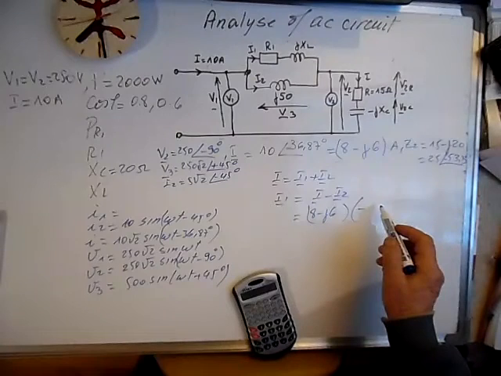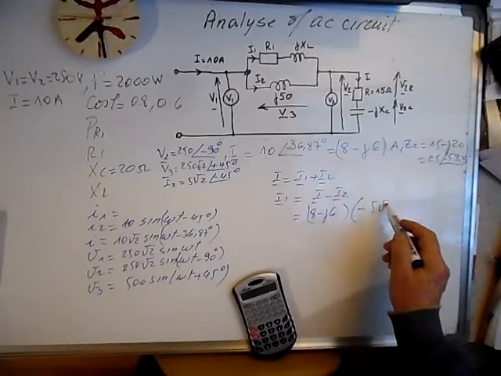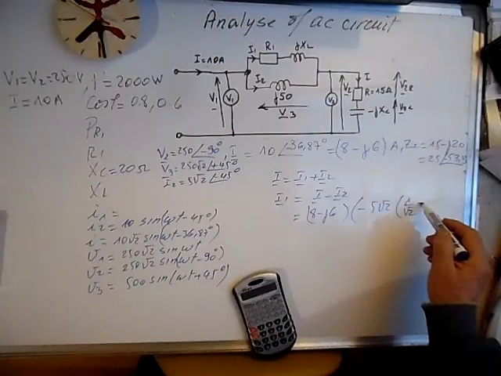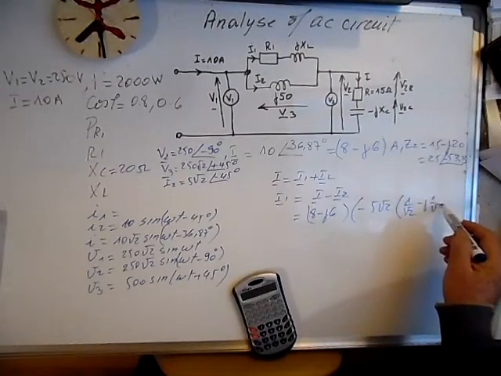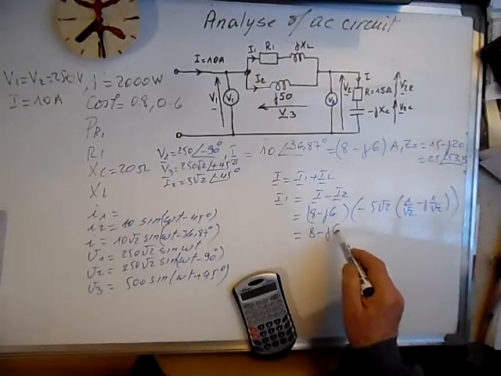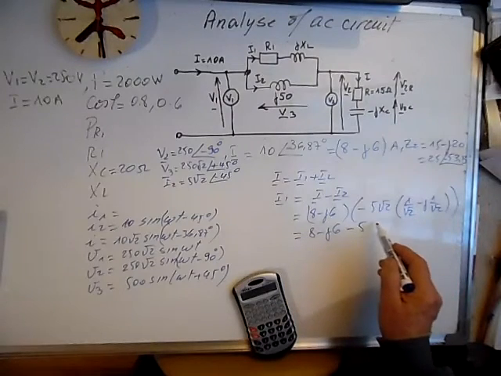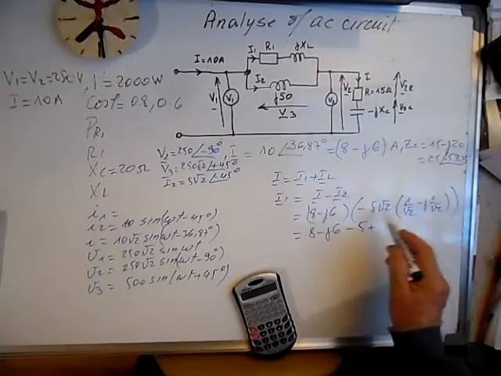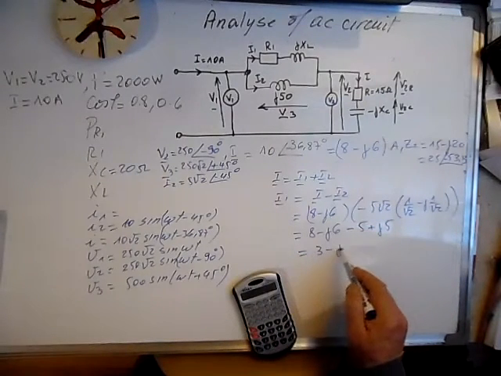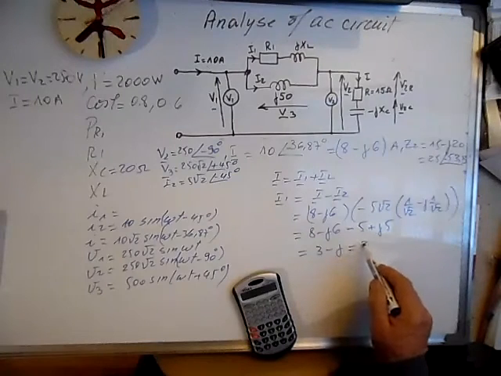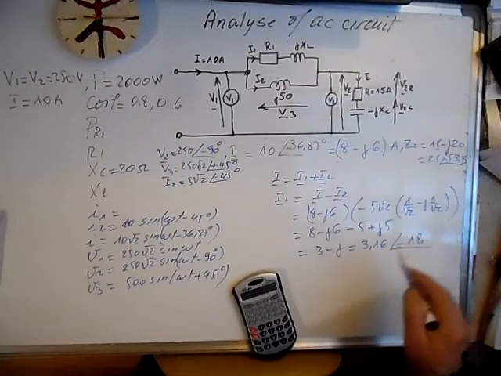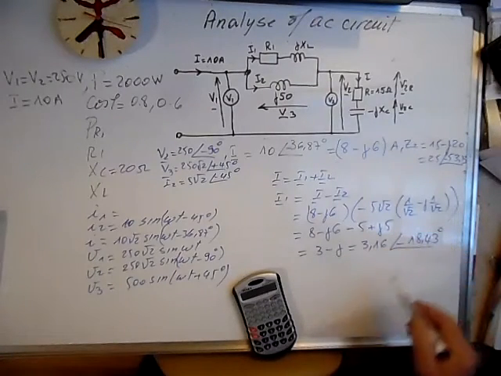I2 we can write it 5 square root of 2 times 1 over square root of 2 minus j1 over square root of 2, and this is 8 minus j6 minus 5 plus j5, and this is 3 minus j, and this is 3.16 minus 18.43 degrees.